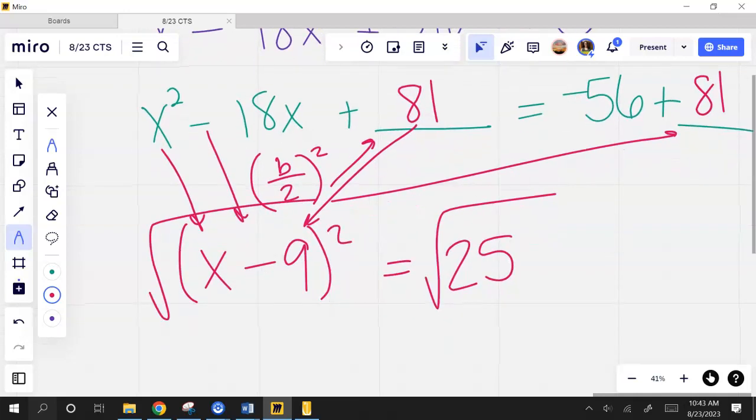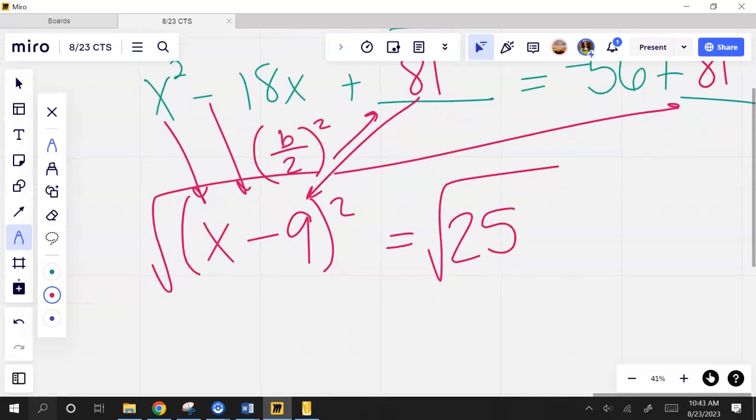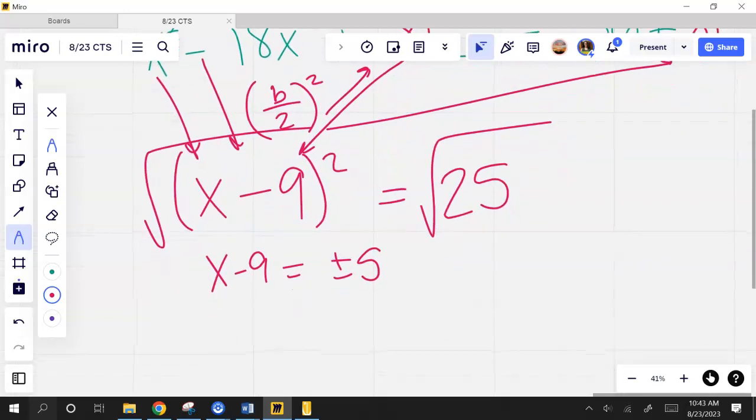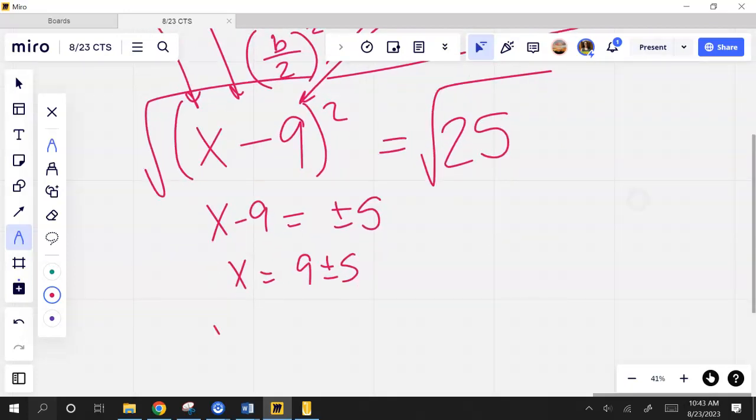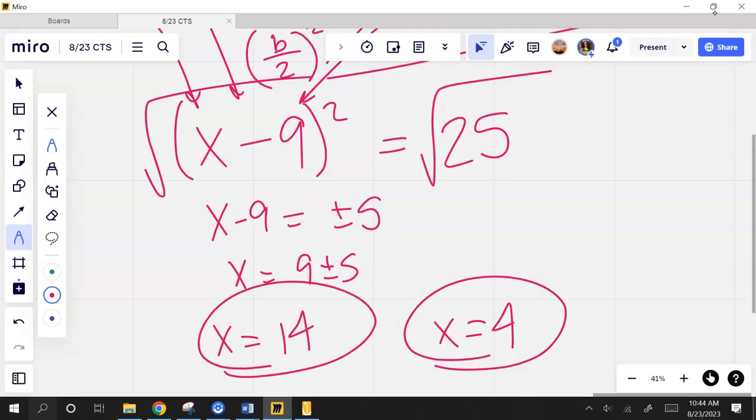Now this is just like the ones we were doing, right? Plus or minus 5. Now what? Add 9 to both sides. So I have 9 plus or minus 5. Give me the two solutions here. 9 plus 5 is 14. 9 minus 5 is 4. It's going to get sticky.